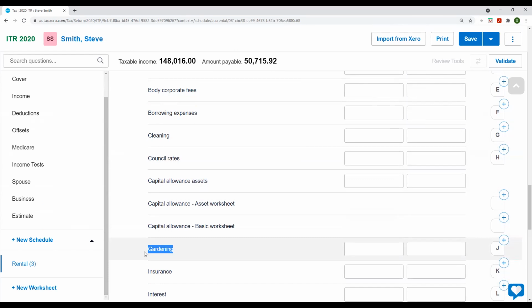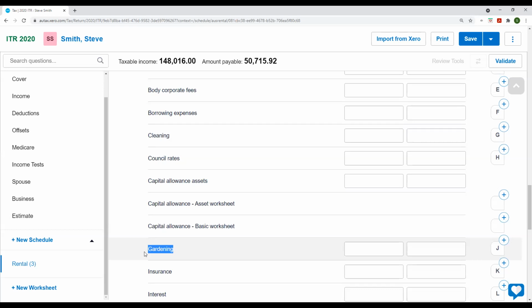However, most of the time when you do the tax return, the client will come back and say, "Hey, I did that cleaning for my investment property. I did the gardening for my investment property. Can I claim that at the normal rate? Or I got a quote from a landscaper or cleaner: this much cleaning cost per month, or this much gardening cost for 3 months. Can I claim this?"